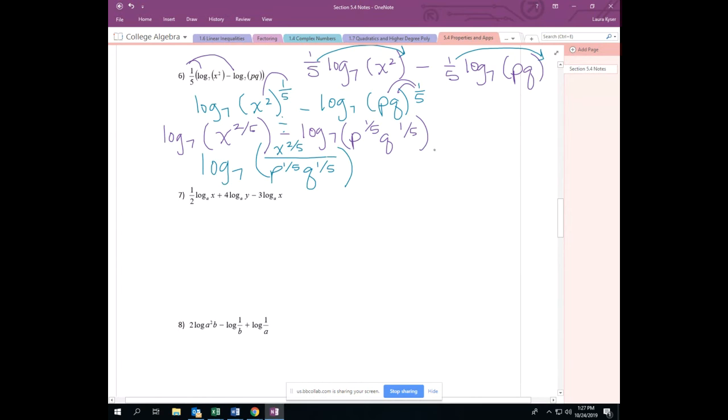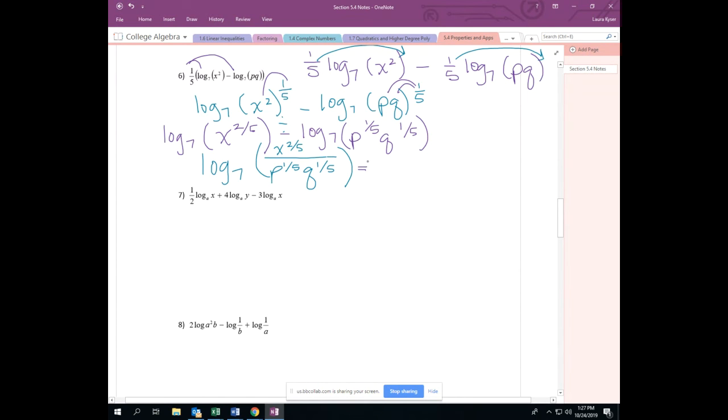Now, it's important to note that when you have logs in this form and all these rational exponents have the same denominator, all of these have a denominator of 5. Typically, that will be written as a root.